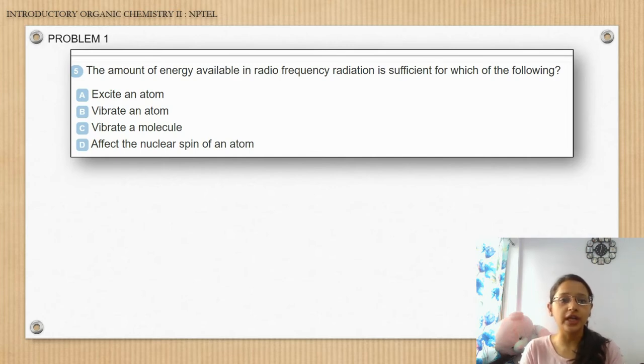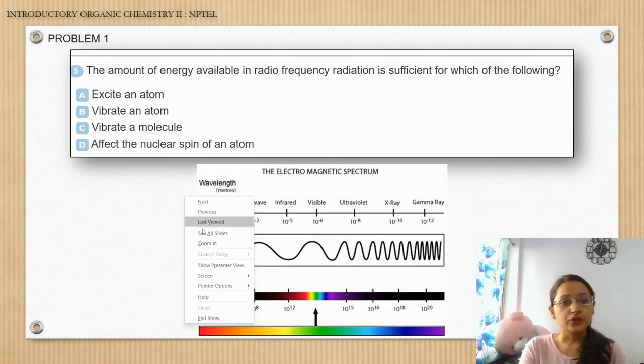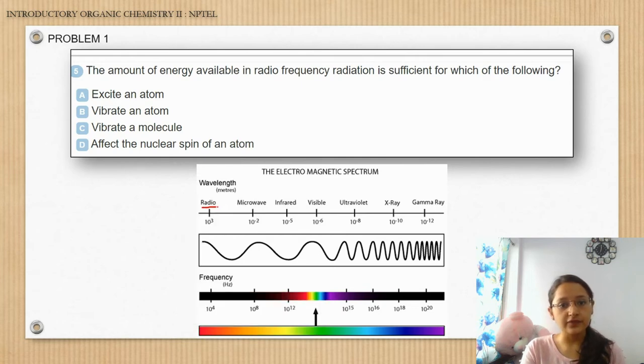Before answering this, we first have to know what radio frequency radiation is and what amount of energy is related to these kinds of radiations. So we need to see the electromagnetic spectrum. From here, we can see that radio frequency waves have higher wavelength and low frequency.